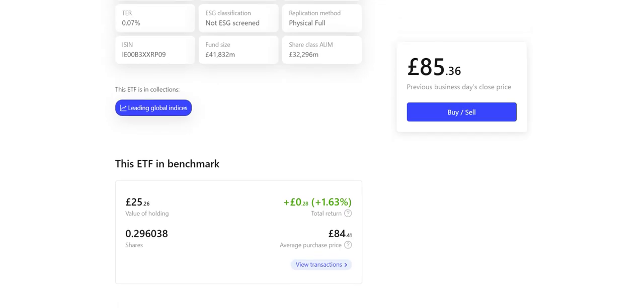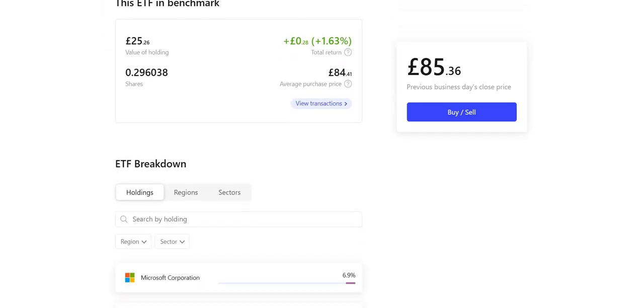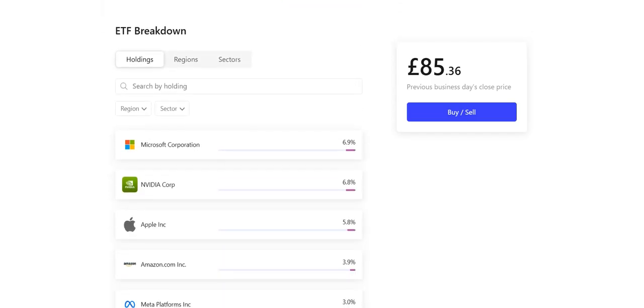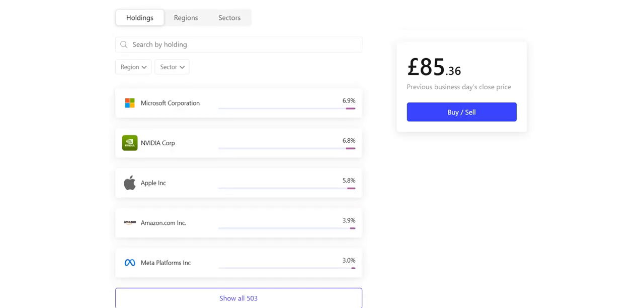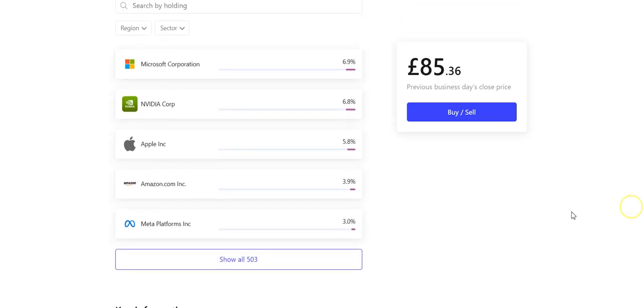And then if we go down here, it will tell you what holdings are in the portfolio, sorry, the ETF. You can see the usual suspects there. And even though it is the S&P 500, you can see that it actually has 503 stocks in there.